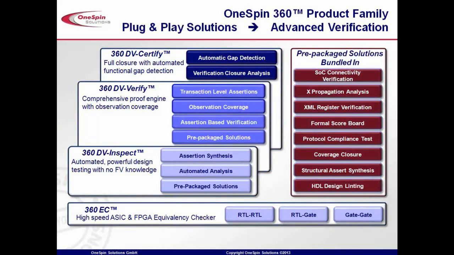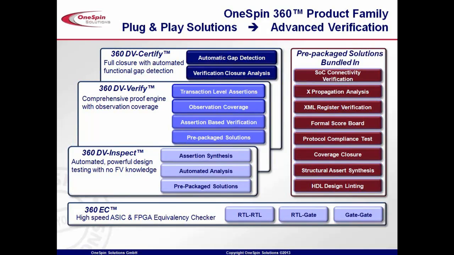One product line is here and above. We have a design verification solution with 3 levels and a bunch of push buttons, which are really push buttons which generate the property for you. And all the way down we have a solution for equivalence checking.